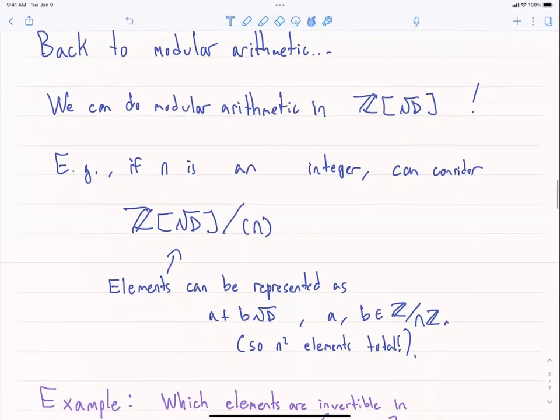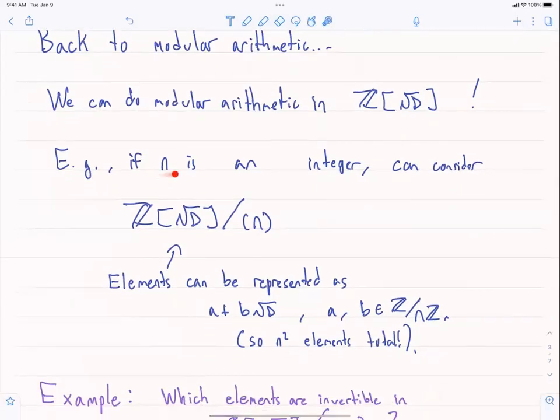The main example we'll look at is if we have some integer n, so an element of Z, then we can consider Z[√d] modulo n. Here, this is just looking like Z mod nZ, except now we don't just have integers, we also have multiples of √d.